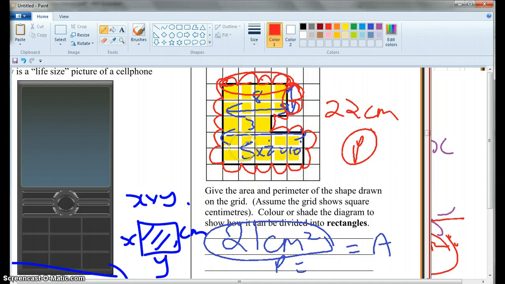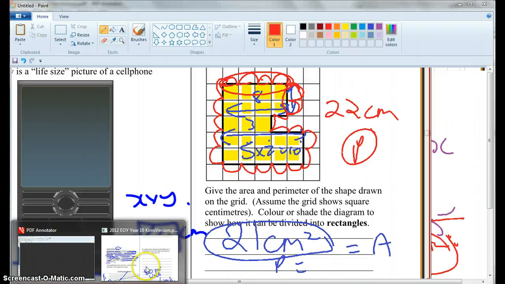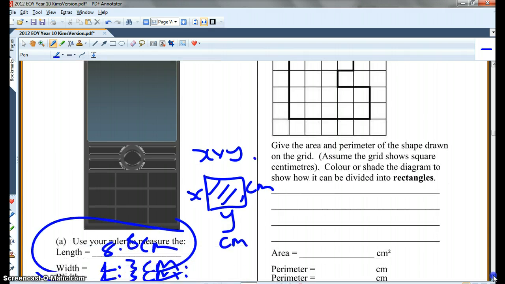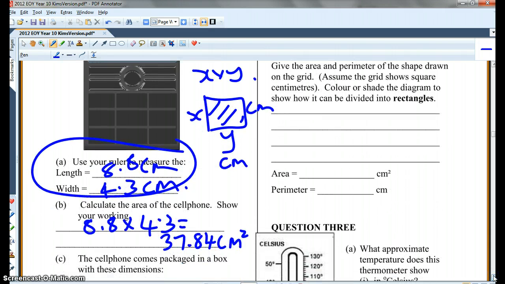You don't actually have to count in ones. I'll leave that with you. I think I've answered that enough. We'll go back. So we got our area and perimeter. Our area was 21 centimetres squared, and our perimeter was 22 centimetres.